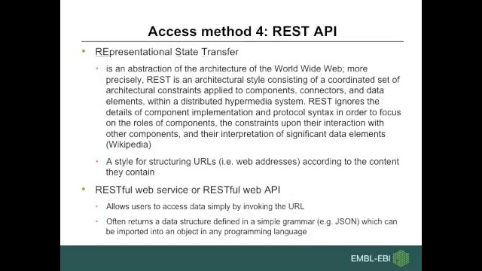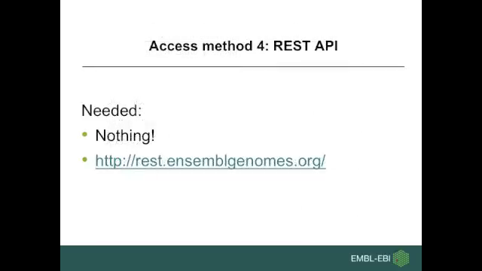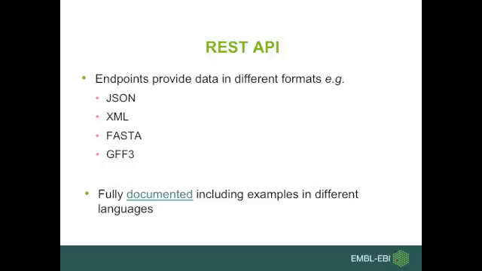So users can access the data simply by invoking the URL. The data is returned in a simple grammar, so using a data representation language like JSON, and then it's relatively easy, whatever language you're coding in, to take the data structure which is returned and convert that into a functional object in your own language.